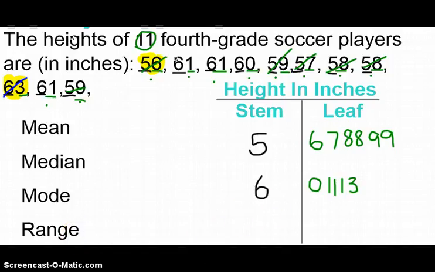From your stem and leaf plot, we can actually interpret information such as the mean, the median, the mode, and the range. Let's think about the range first. Remember, the range is the highest number minus the lowest number. The highest number would be the last number in our stem and leaf plot, which is 63, and we are subtracting the lowest number, which would be our first number of 56.